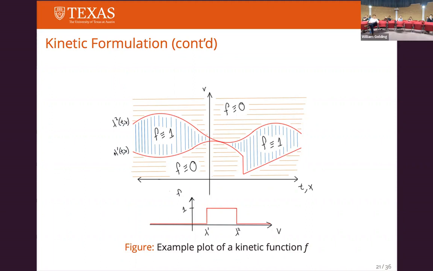And in the velocity direction, f is just equal to 1 between the two, in this blue region, and f is equal to 0 outside. A priori, all I know about these curves is that they're bounded. So I could have a jump, whatever. I do know that they're ordered because they're the smallest and largest eigenvalue, but I don't know much more than that.